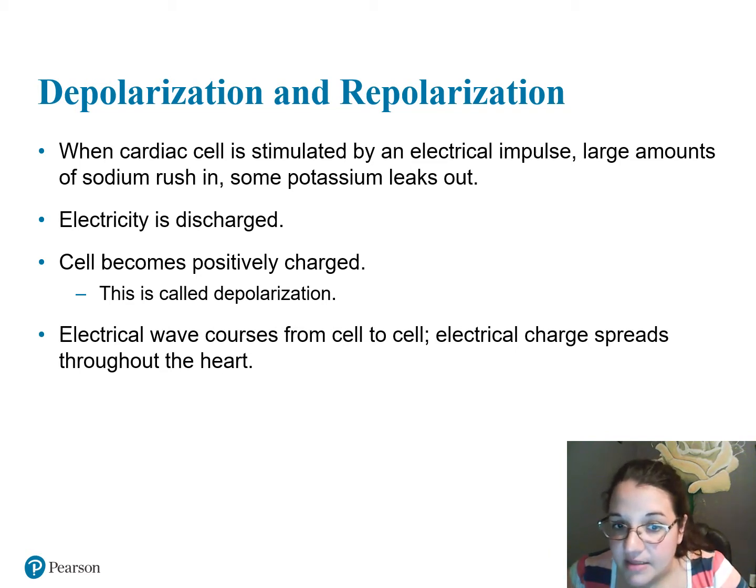When this happens, the electricity is then discharged and my cell becomes positive. This is called depolarization. The electrical wave courses from cell to cell, and the electrical charge spreads throughout the heart.